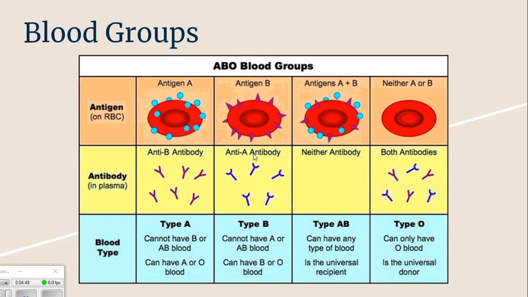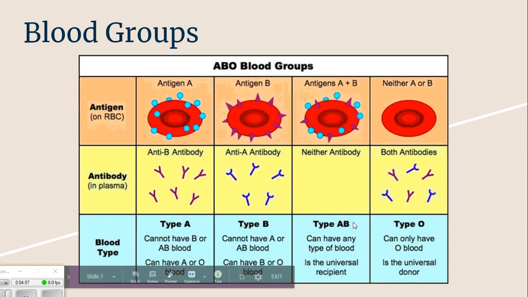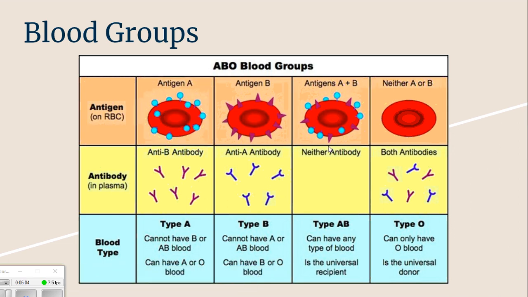Whereas somebody who is blood type B would only have antigen B on the surface of their red blood cells. Somebody who is type AB has both antigen A and B on their cell surface. And so in their blood, they would have neither antibody, so they would not have anti-A antibody, they would not have anti-B antibody.